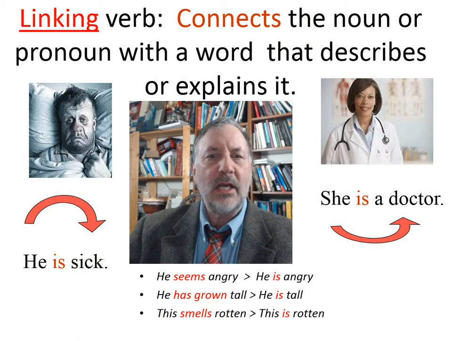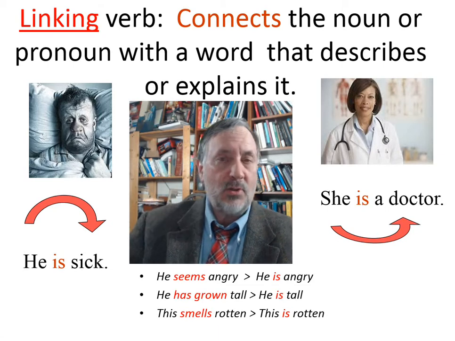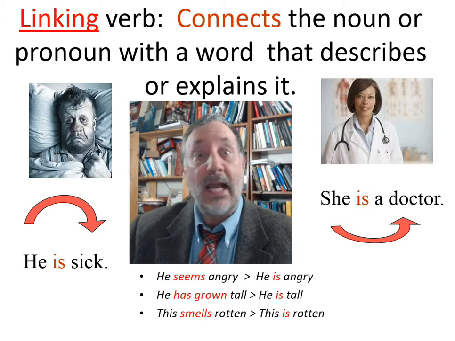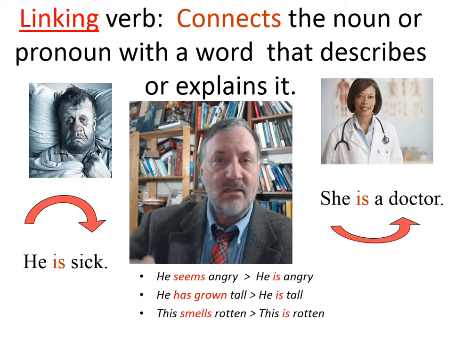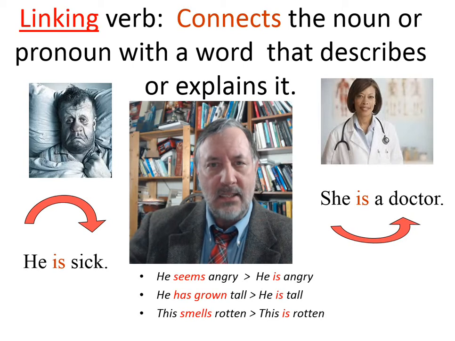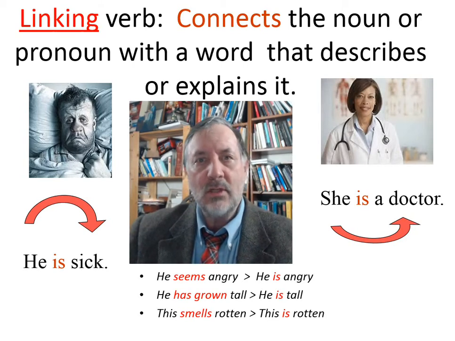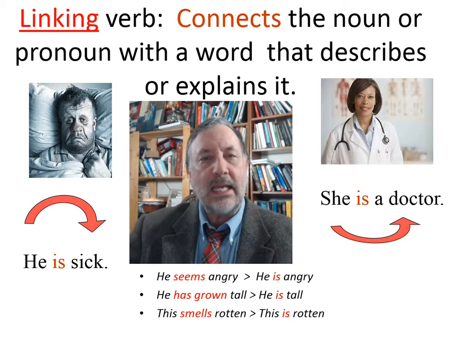A linking verb connects the noun or pronoun with the word that describes or explains it. And this word that describes or explains it could either be another noun or it could be an adjective, which we'll get to very shortly. But anyway, let me explain. If I said he is sick, well, sick is describing he, and the is right there, which is the form of to be that we use for the third person singular, is linking he with sick.